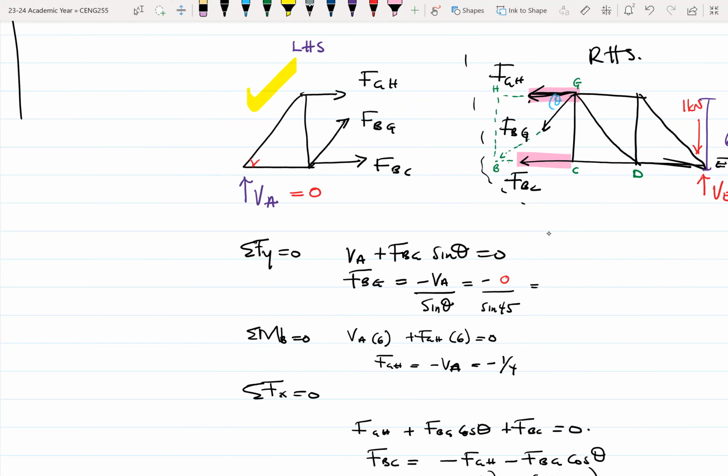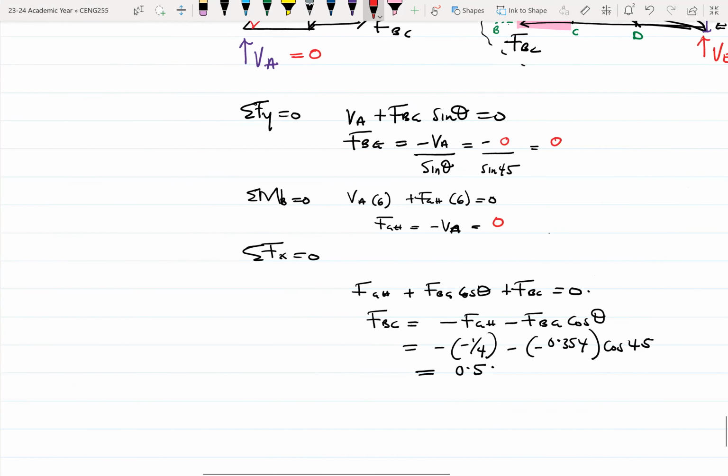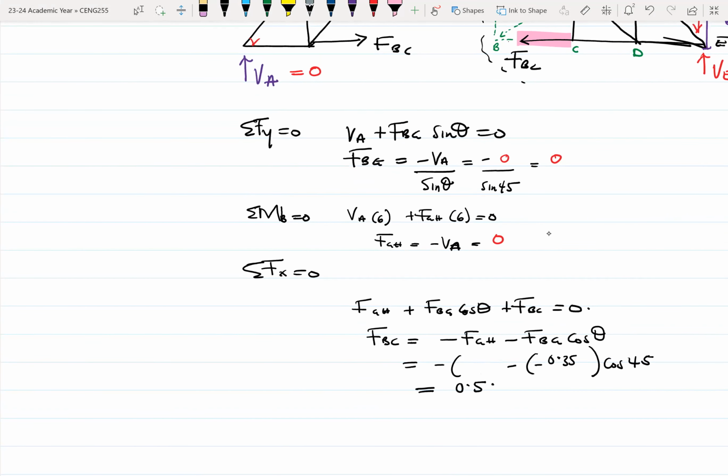This will give me 0, and VA is also 0, so this gives me 0. If all of these are 0, it becomes 0 over here, and then 0. So this is 0, 0, and 0.